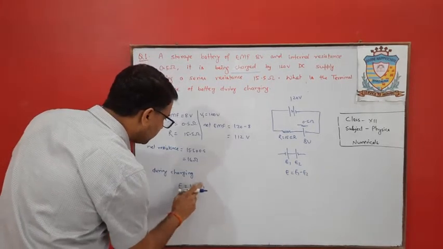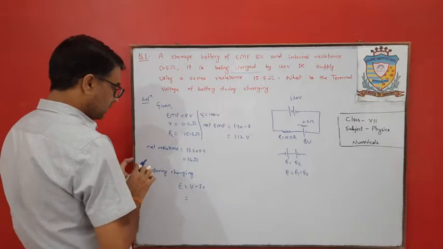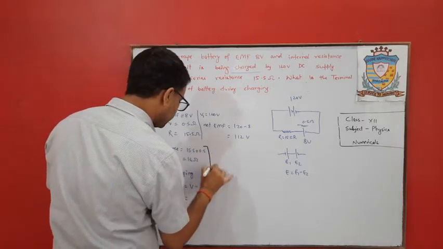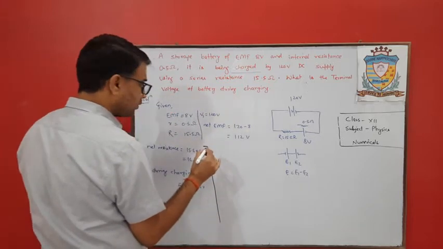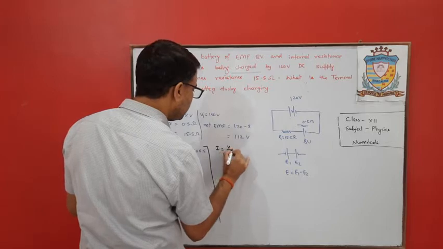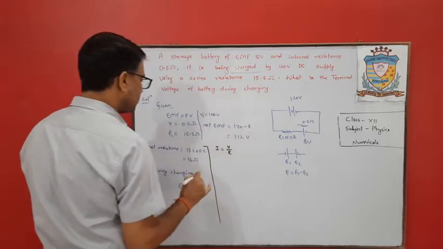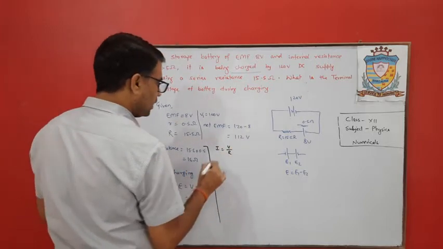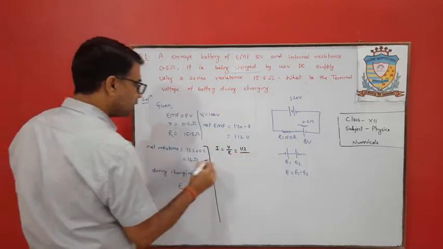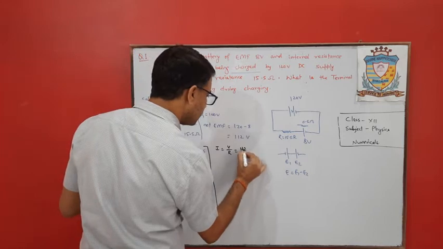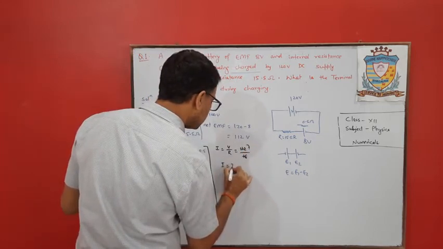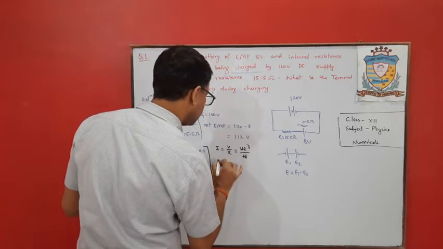But before that we have to calculate the value of I, that is the current. So I is equal to V upon R. The value of V is 112 upon the net resistance 16, which is 7. So I is equal to 7 ampere.